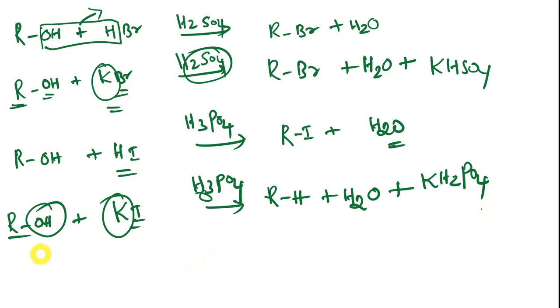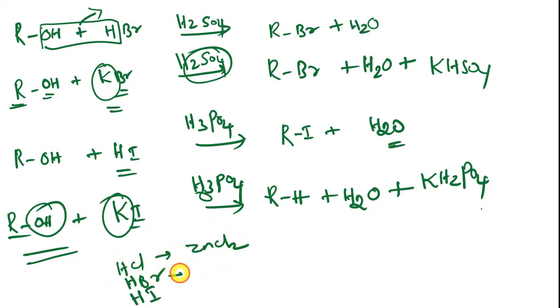Got it? So this is the end of the first step, that is preparation from alcohols, using HCl, HBr, and HI. For HCl, what do we have to use? We have to use ZnCl2 in the case of primary and secondary alcohols; tertiary alcohols will not need it. For HBr, we have to use H2SO4, and for HI, we have to use H3PO4, phosphoric acid.